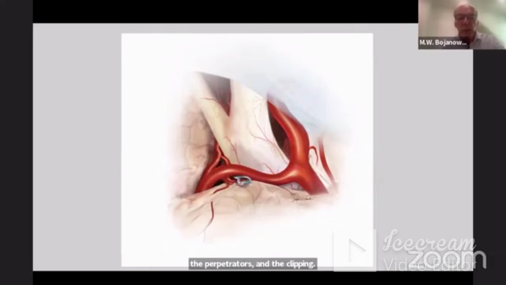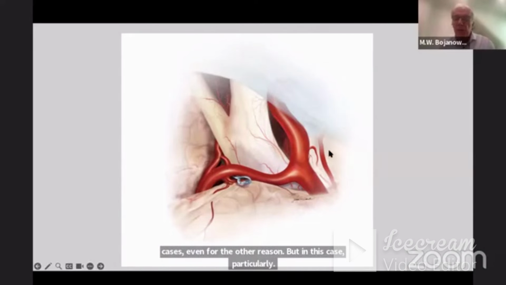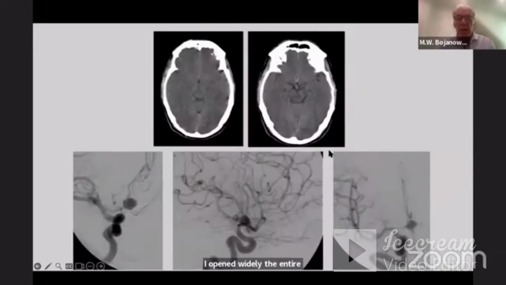And the way to do this is to dissect in this area underneath the ventral complex. And again, in this case, I open widely, in most cases, even for the other aneurysms, but in this case particularly, I opened widely the entire hemispheric fissure. And this is a case. You can see how posterior the aneurysm is located, behind the A2 segment of the anterior cerebral artery.